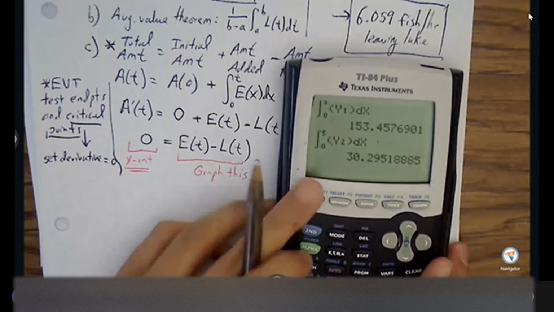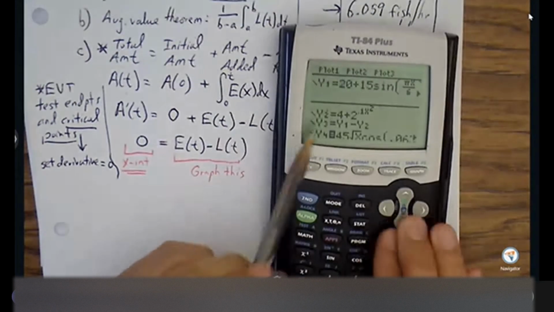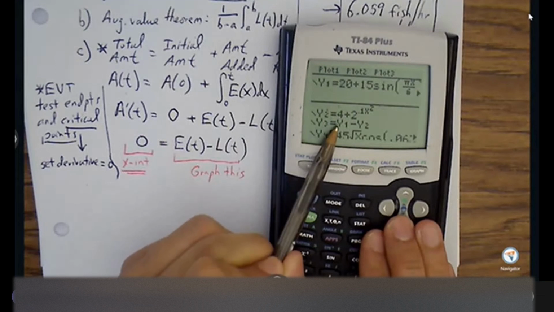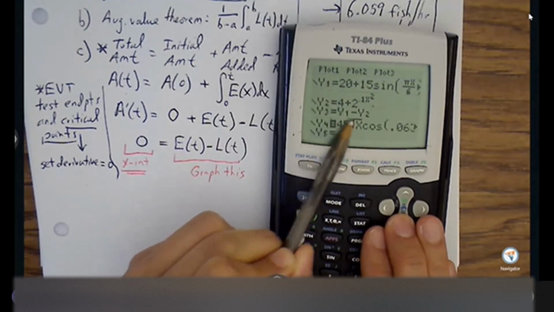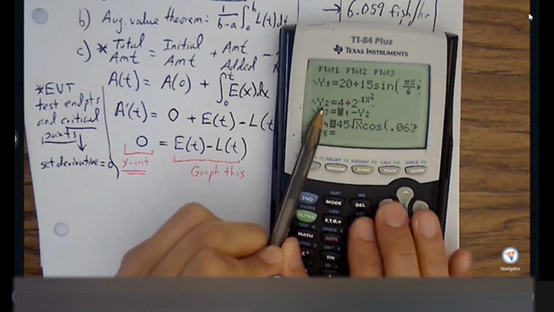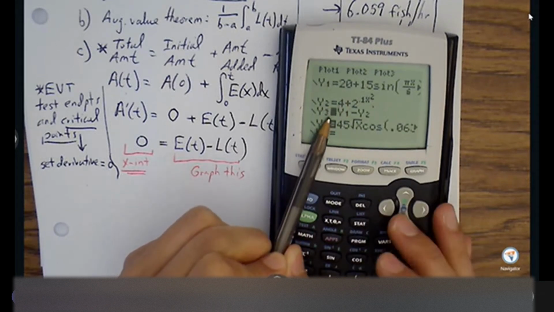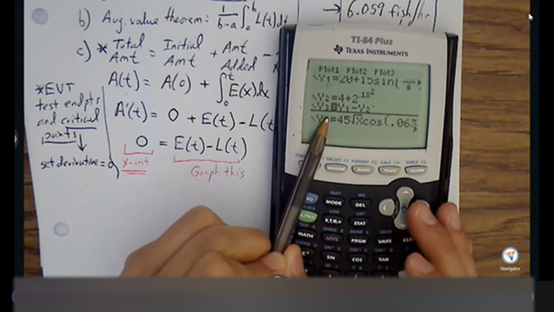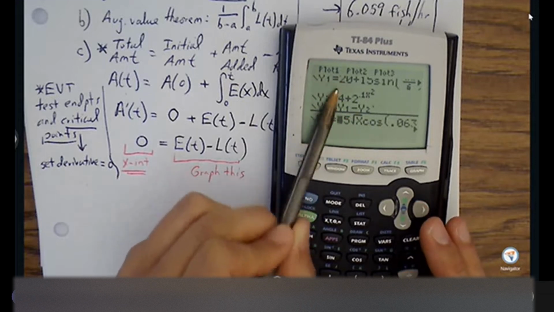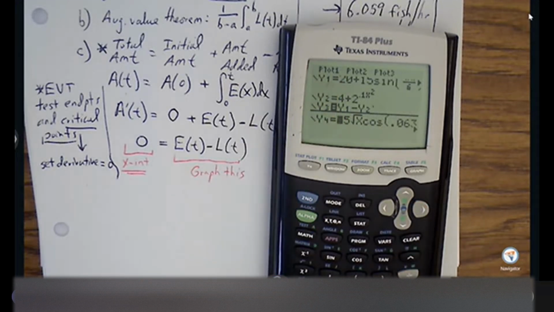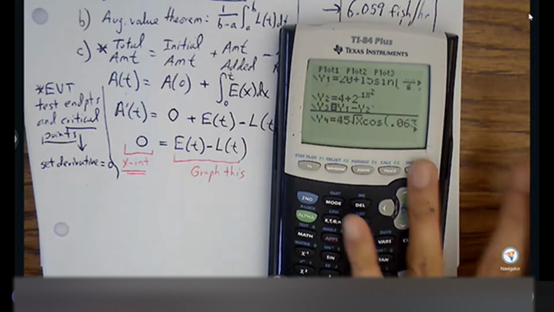Rather than entering E of t and L of t all over again, I'm just going to reference them and say y1 minus y2 under another line. That way I can reference this without having to graph everything. And I'm just going to highlight my y3 because I only want to see y1 minus y2. I don't really want to see the other graphs all overlapping each other. Okay, graph.